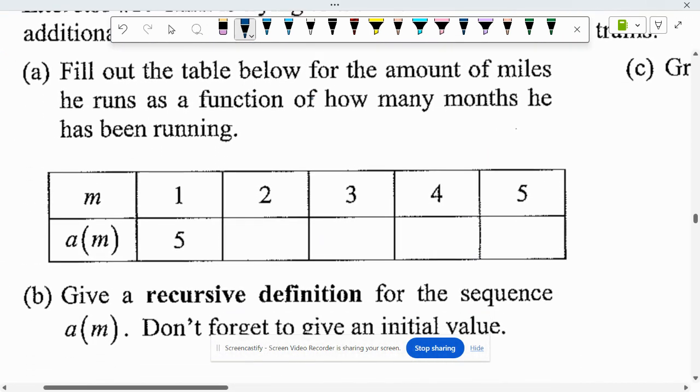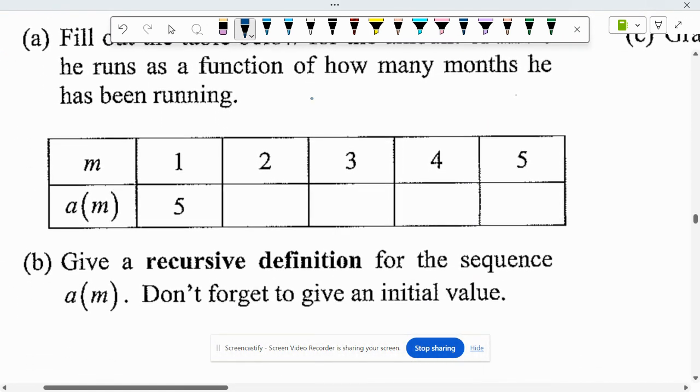So if I start with 5 miles for the first month, what do I add each month after that? What does it say that he's going to add for every month after? 3 miles, right? So 5 plus 3 is 8. So in month 2, he's going to run 8 miles a day.